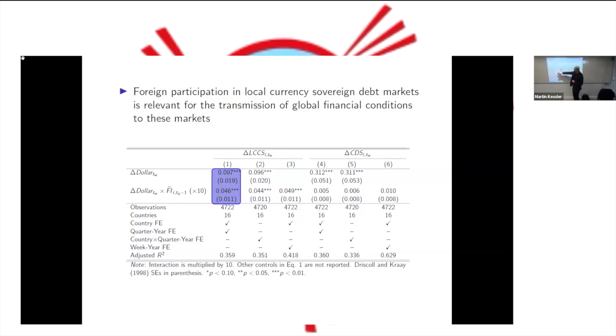And the higher the foreign participation in the local currency market, the higher that sensitivity is going to be.